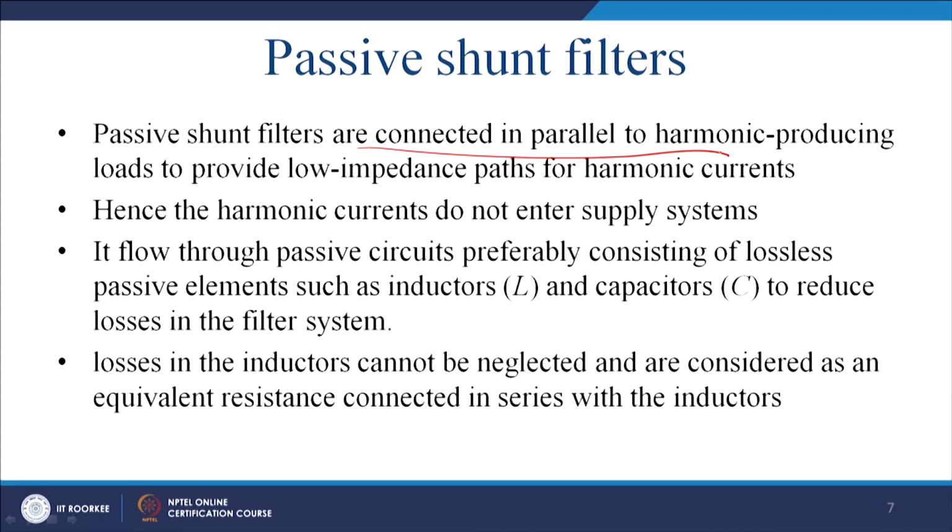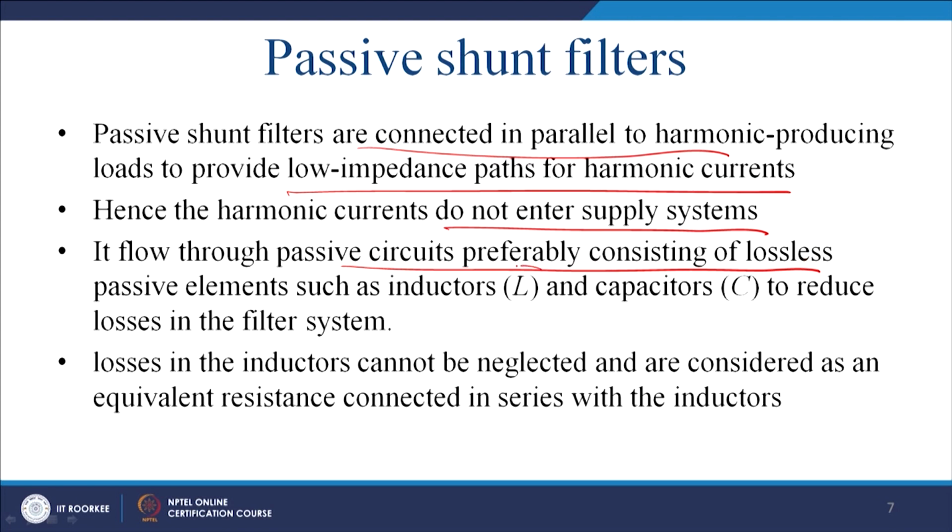The passive shunt filters are connected in parallel to the harmonic producing loads to provide a low impedance path for the harmonic current. Ultimately, it will sink there, hence the harmonic current does not enter into the supply system or the distribution system. It flows through the passive circuits, preferably consisting of lossless passive elements such as inductor and capacitor, to reduce the losses in the filter system.